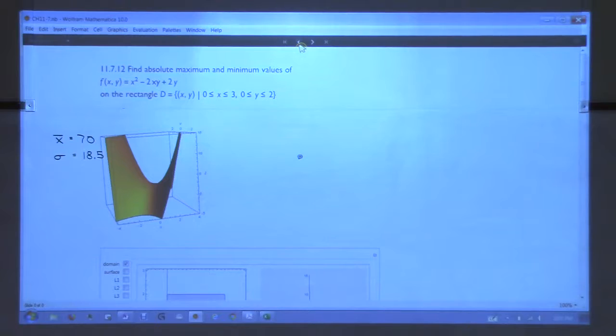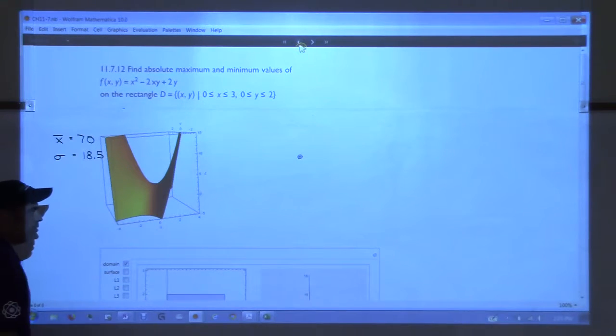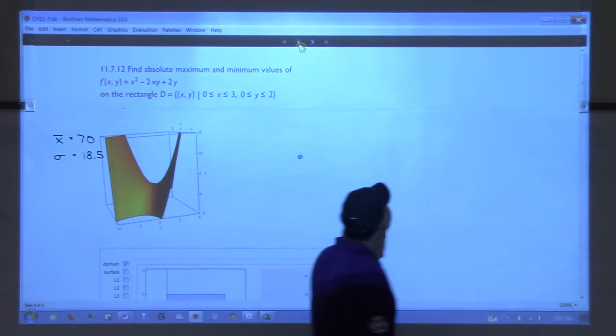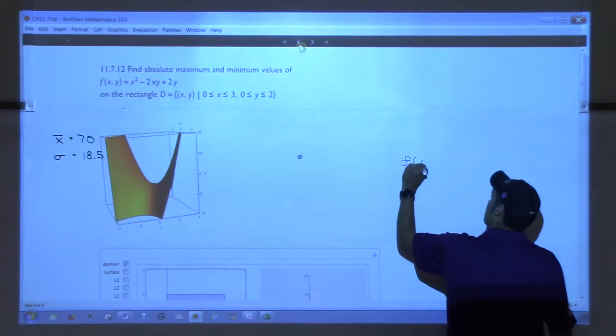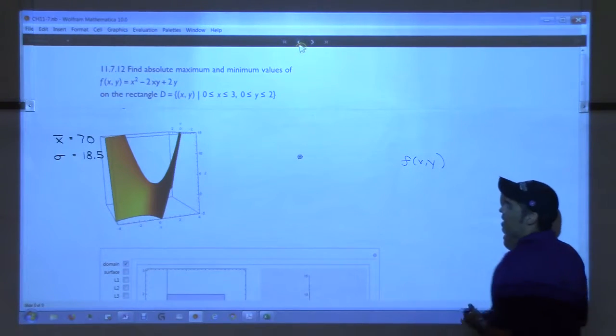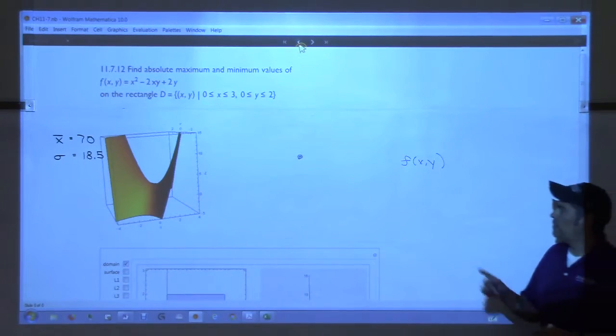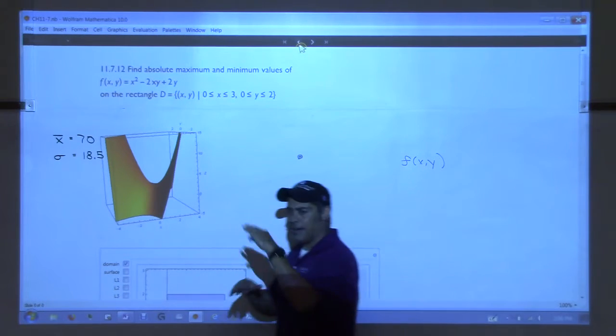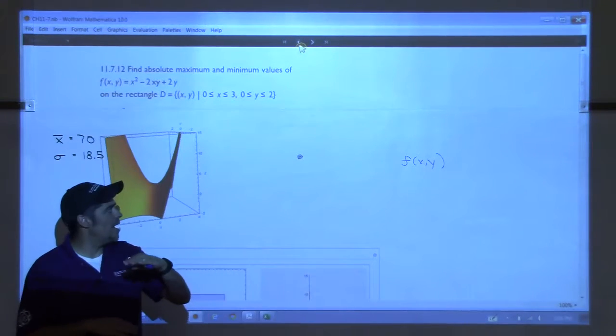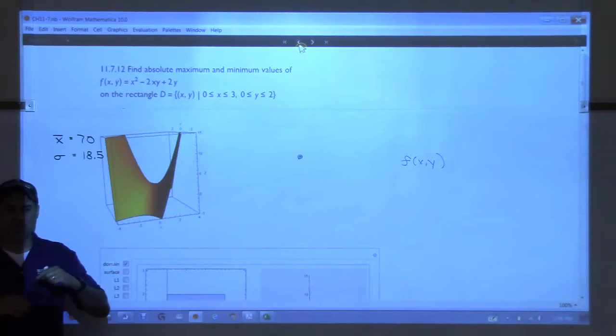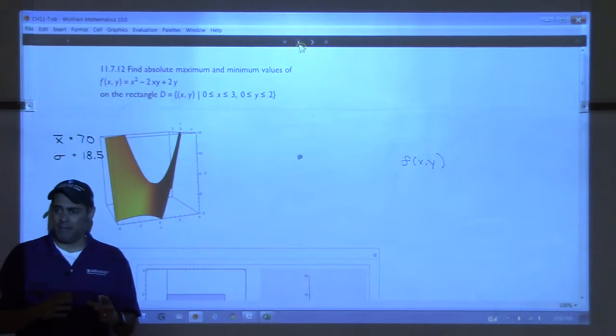All right, so last time we were talking about, well, basically what we have at this point is that if somebody gives us a function of 2 variables, a surface, we have a way of finding the absolute maximum and minimum values of that surface as long as we're on a closed bounded set.